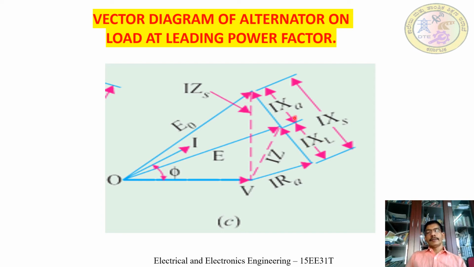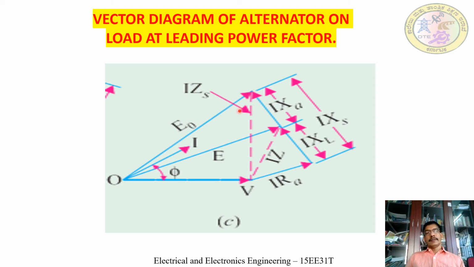The sum of IXL and IXA gives the IXS, synchronous reactance drop. So V plus IRA plus IXL plus IXA vector sum gives the E naught. This is the no load terminal voltage.